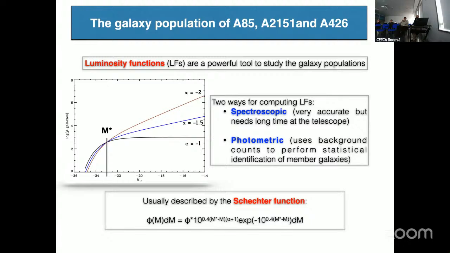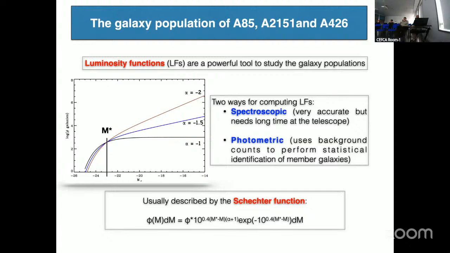The spectroscopic way is very accurate, but it's very expensive because you need a lot of spectra to determine the velocities and the cluster members. The photometric one is cheaper and uses less telescope time, because you take a statistical subtraction of the sky background, but it's not as accurate as the spectroscopic one.